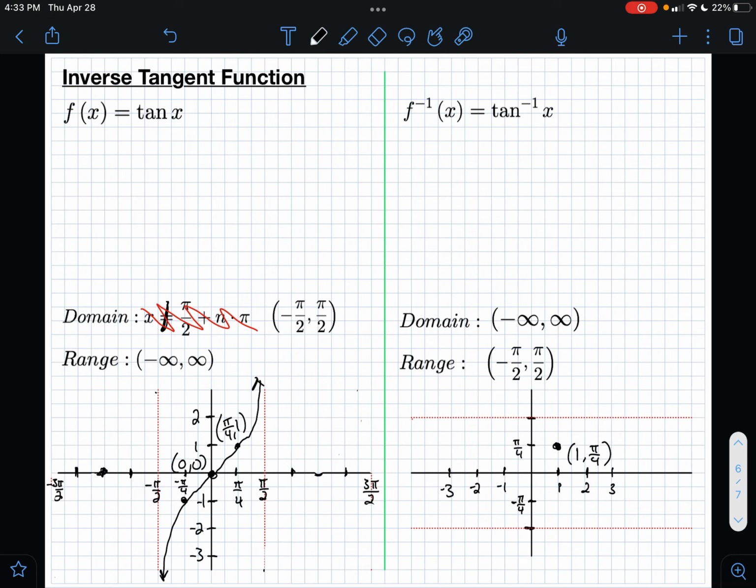Well, when that's flipped around, it's still 0, 0. And the other one down here, negative pi over 4 comma negative 1, will become negative 1 comma negative pi over 4. Well, we have to pass through those points and we have to observe our asymptotes. So the inverse tangent function is going to end up looking like this.